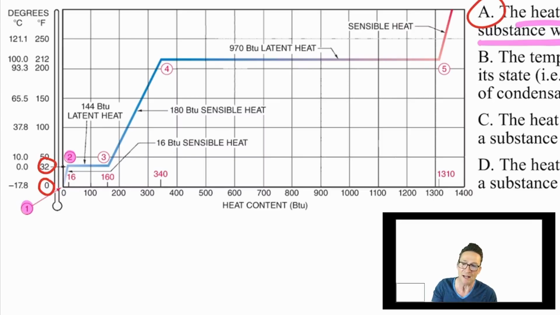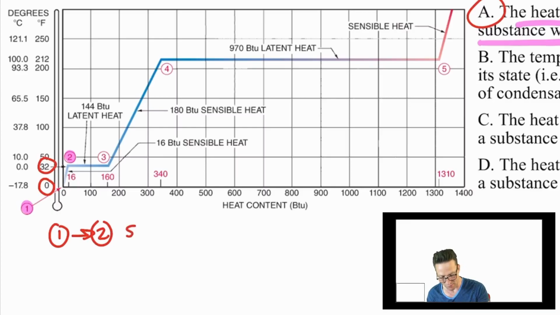So we're going to add heat energy to the ice. Why is this important right now? Because if you're adding heat energy to the ice and its temperature is increasing, then technically from 1 to 2, you're adding sensible heat, right? That's all you got to know for now. You're adding sensible heat energy.